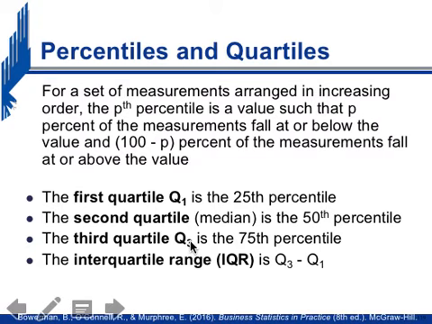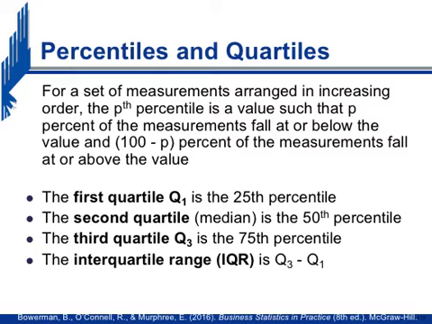The third quartile is Q sub 3. This is also known as the 75th percentile. So this is a number in the dataset such that 75% are lower and 25% are higher. So again, these are just the common ways to compute commonly computed percentiles and quartiles when trying to describe datasets.